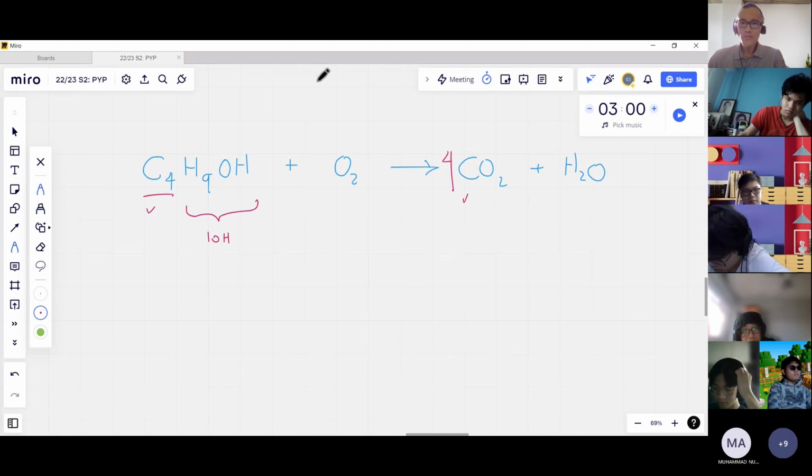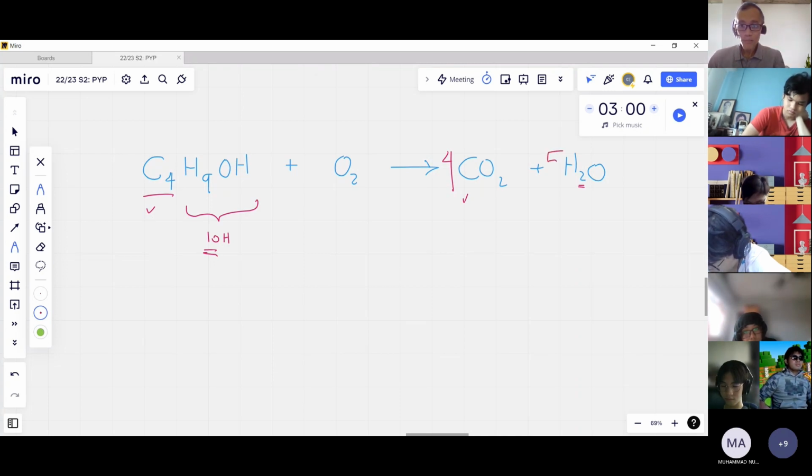O2, obviously no hydrogen. How about this side? I have only H2 here, containing hydrogen. So here I have 10, here I have 2. The obvious thing to do is multiply by 5 there. So 5 times 2, now I have my 10 hydrogen. Lastly, look at my oxygen.